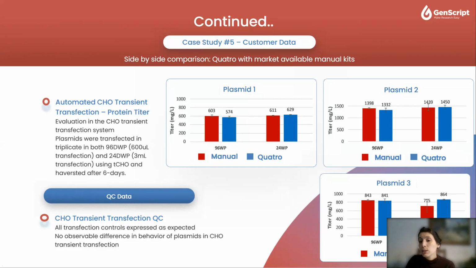Once again there was no real observable difference between the AmMagQuattro plasmid and the manual prep plasmid. The only one that showed somewhat of a difference would be plasmid number 3, where again the AmMagQuattro achieved better results on the lower right-hand side.